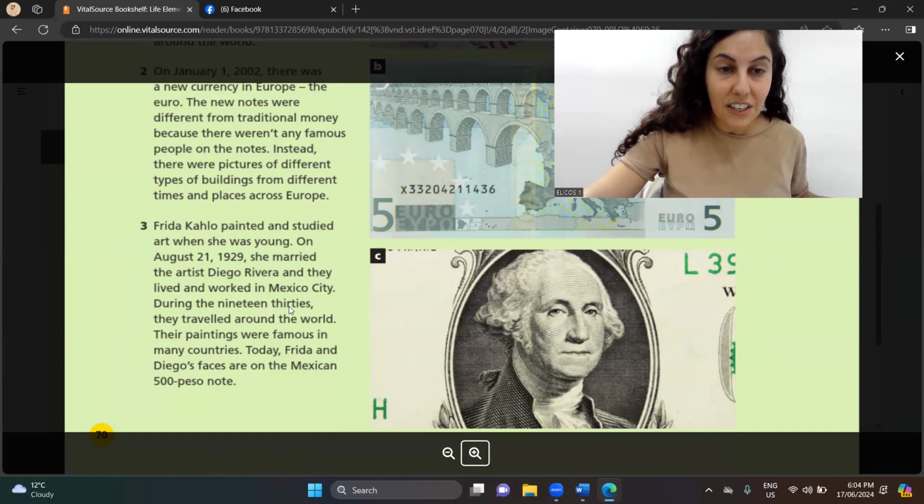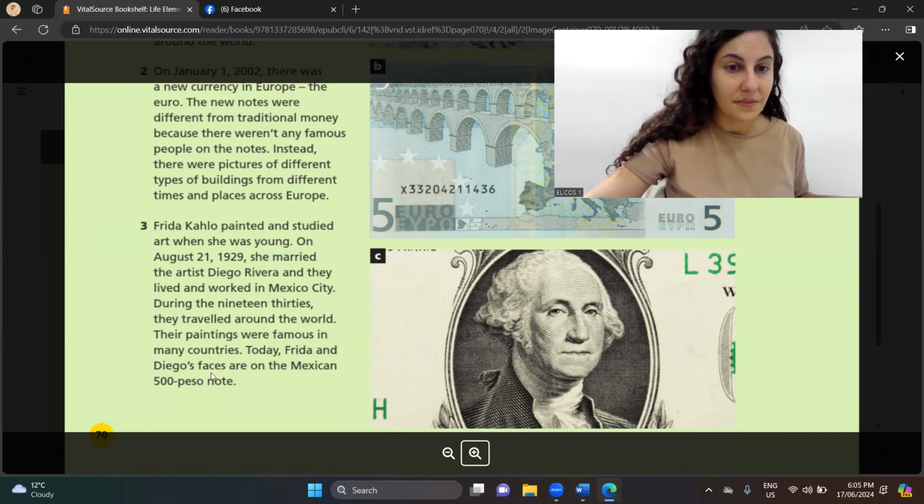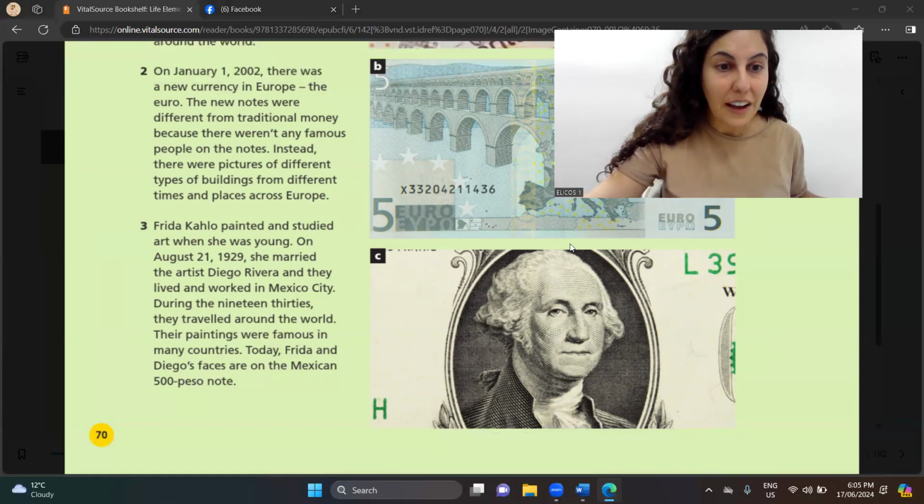During the 1930s, they traveled around the world. Their paintings were famous in many countries. Today, Frida and Diego's faces are on the Mexican 500 peso note.